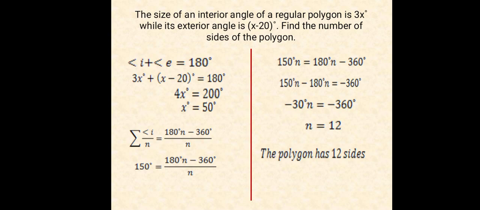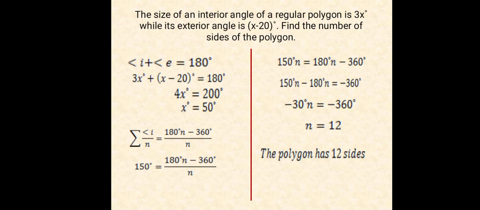The size of an interior angle of a regular polygon is 3x degrees, while its exterior angle is x minus 20 degrees. Find the number of sides of the polygon.